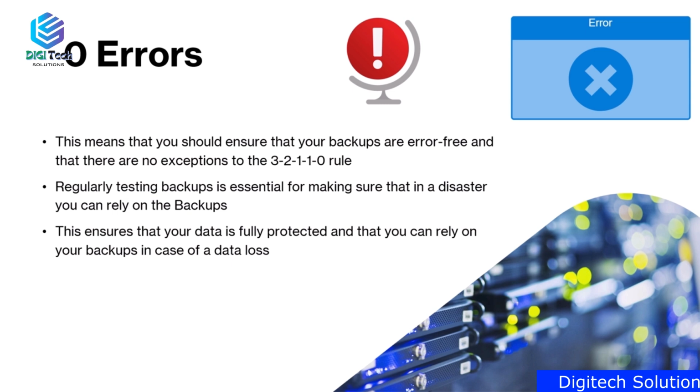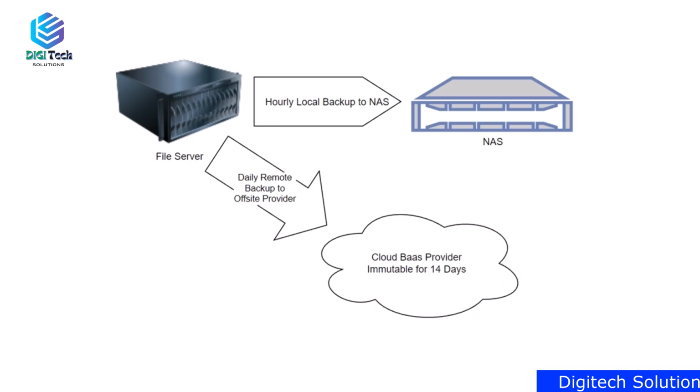So let's go ahead and take a look at a couple of real world examples of what the 3-2-1-1-0 rule may look like. First off, over on the left hand side, let's say we've got a file server with all of your company's data and files on it.